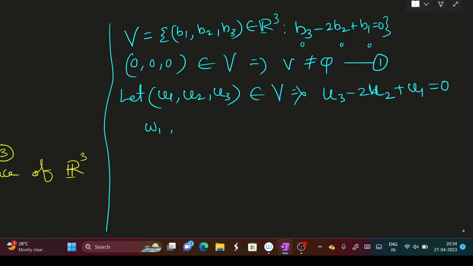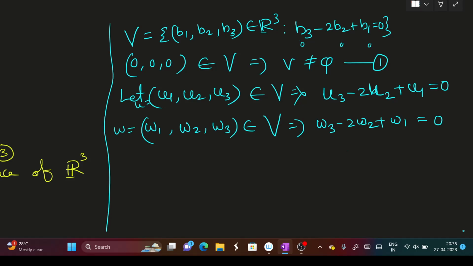Similarly, let W1, W2, W3 belong to V. That implies W3 minus 2W2 plus W1 is equal to 0. Let its name be U, and let this one be W. What about U plus W? It is U1 plus W1, U2 plus W2, U3 plus W3.